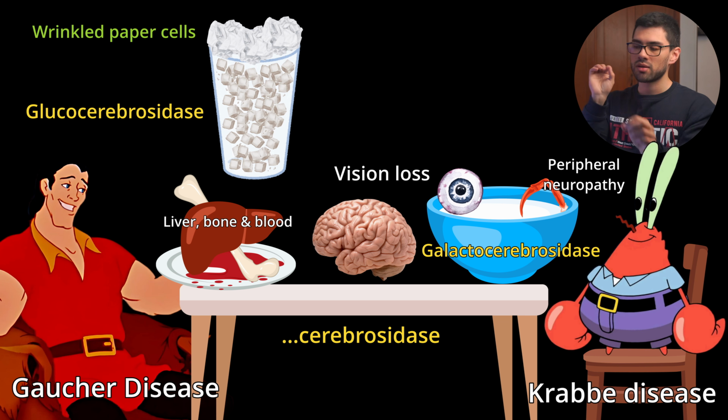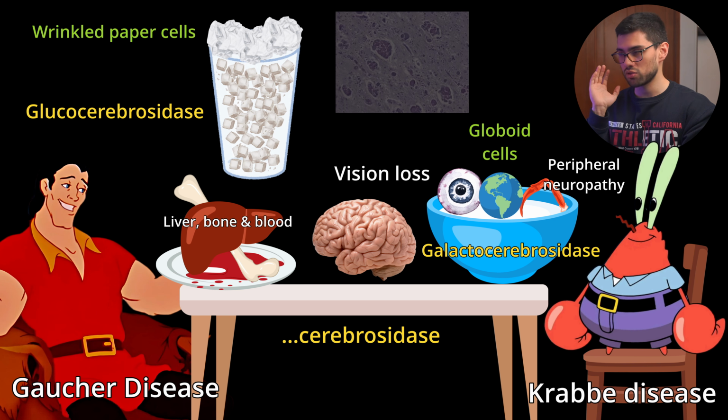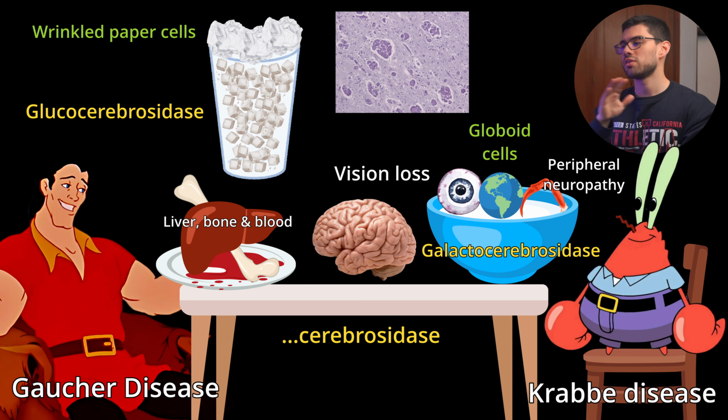So the crab leg, peripheral neuropathy. And finally, there was a geography globe, right? The important part is the globe. In this disease, in the biopsy, we see globoid cells, which look just like this. Globoid cells, a really important point to remember.